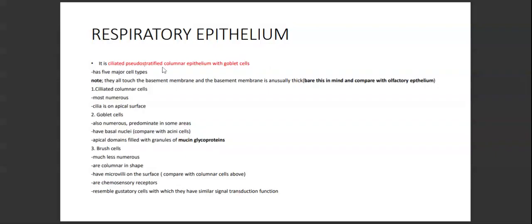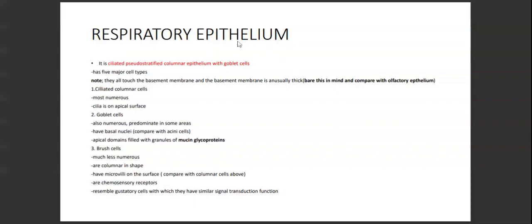If a question comes, especially in the practical exams, and you can't write all the details that are appearing here in red, just simply write respiratory epithelium, so that you don't lose any marks. Because if you decide to write this and leave out any word here, then you are going to lose some marks.